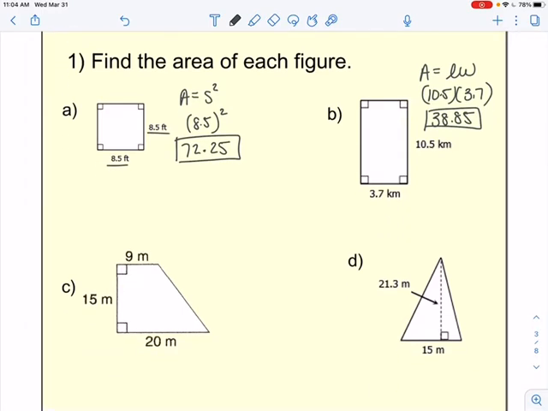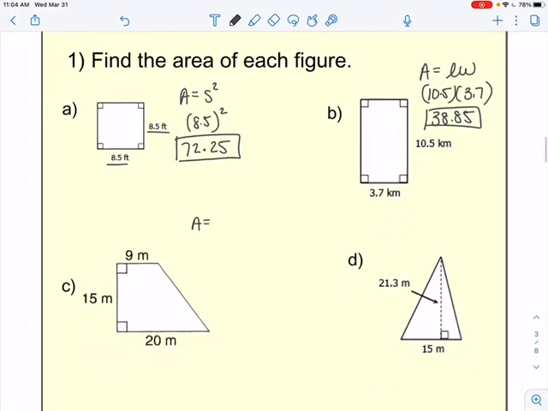Part C is a trapezoid. The area of a trapezoid is 1/2 of the base 1 plus base 2 times the height. Base 1 is 9, base 2 is 20. Does it matter which one you call base 1 and base 2? Nope. And height is always perpendicular, and since this side is perpendicular to the base, that means 15 is going to be the height here.